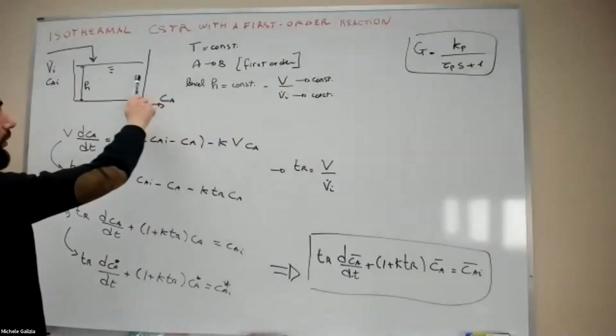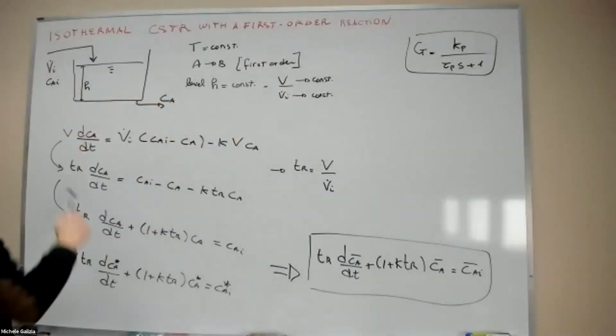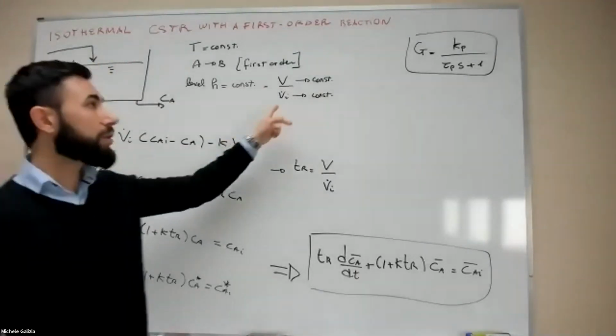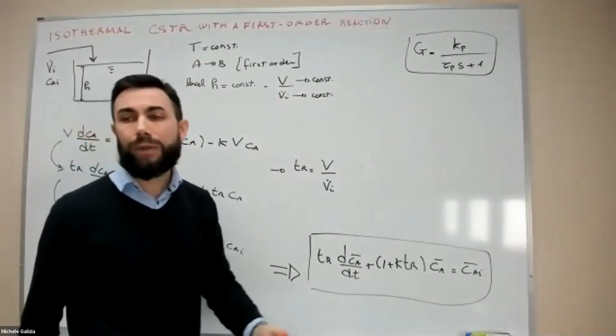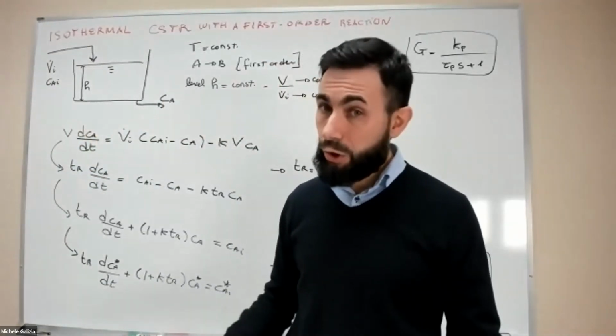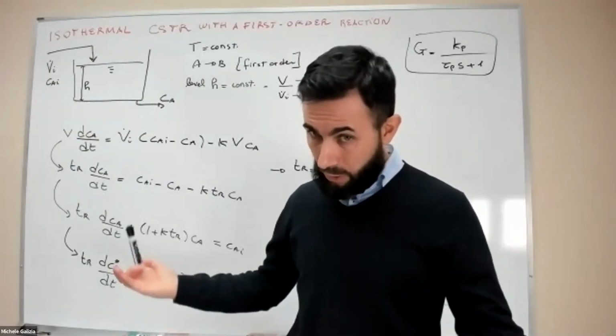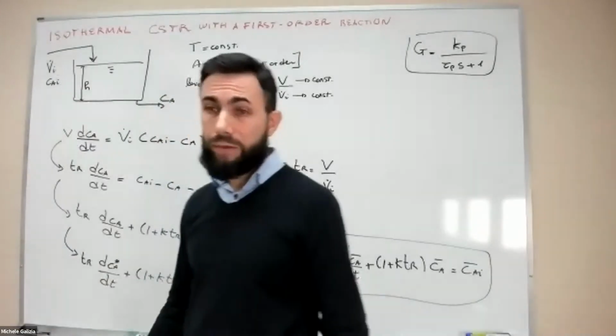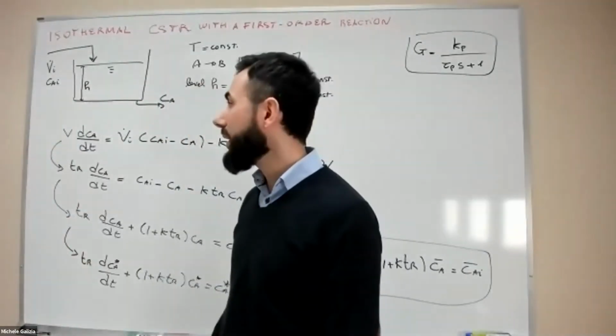And we also have constant level, which means that the overall volume is constant, which means that the inlet flow rate is constant. As we will see, the sole disturbance that we will consider is eventually a disturbance in the inlet concentration, but we will see this in one moment.